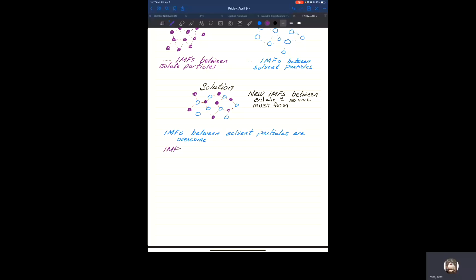IMFs between solute particles must be overcome.